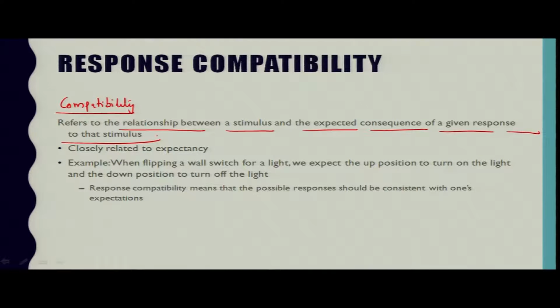In this way compatibility and expectancy are closely related. For example, when flipping a wall switch for a ceiling light, our expectation is that flipping the switch toggle up will turn the light on, and flipping it down will turn it off.